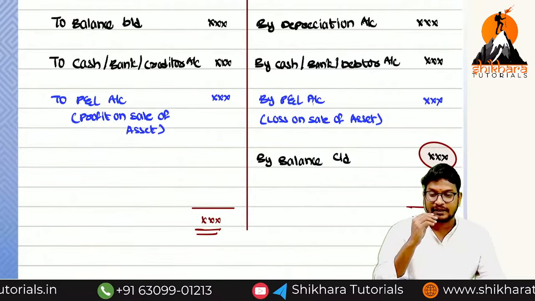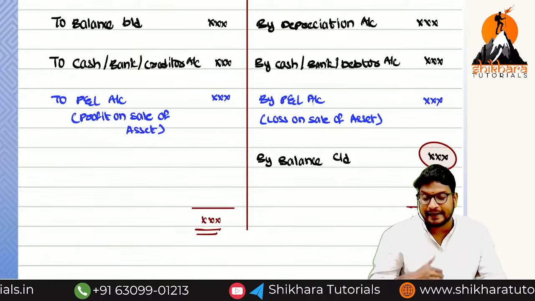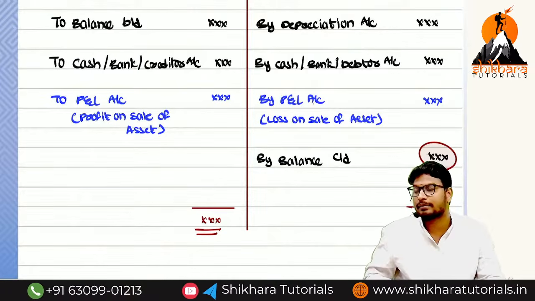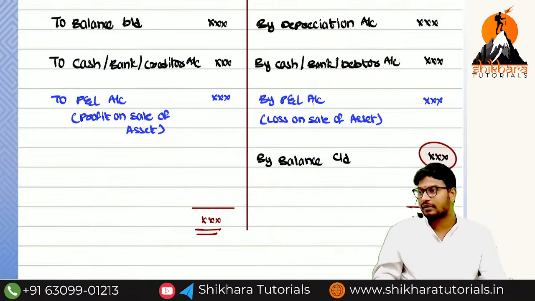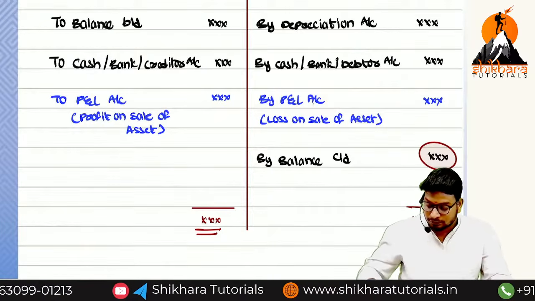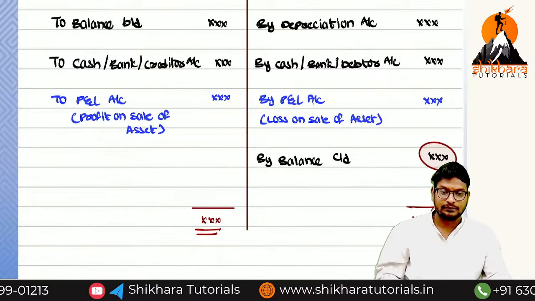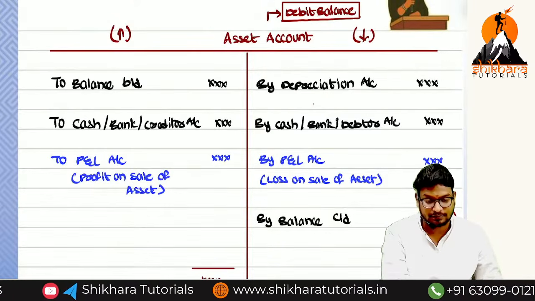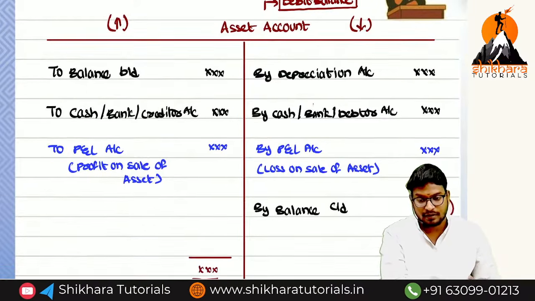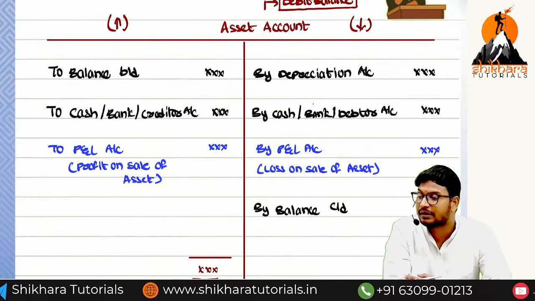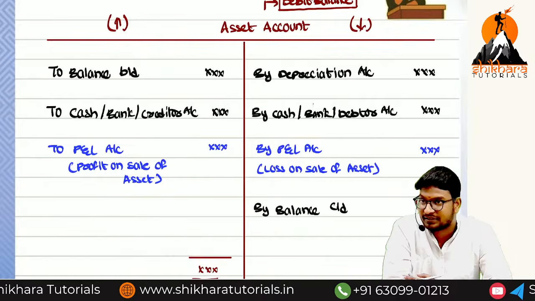Or if they have given the balancing figure, we have to identify either depreciation, sale value, profit or loss on sale of asset, or purchase also we can identify. So this is how we are completing which type of account? Asset account.